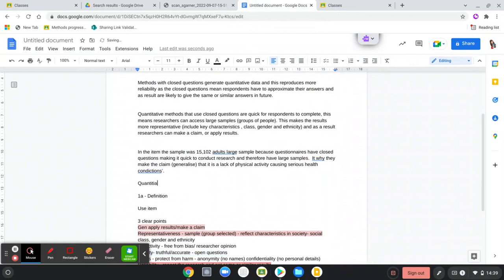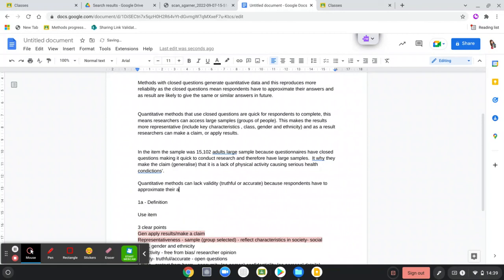So quantitative methods can lack validity, being truthful or accurate, because respondents have to approximate their answers from the closed questions provided.